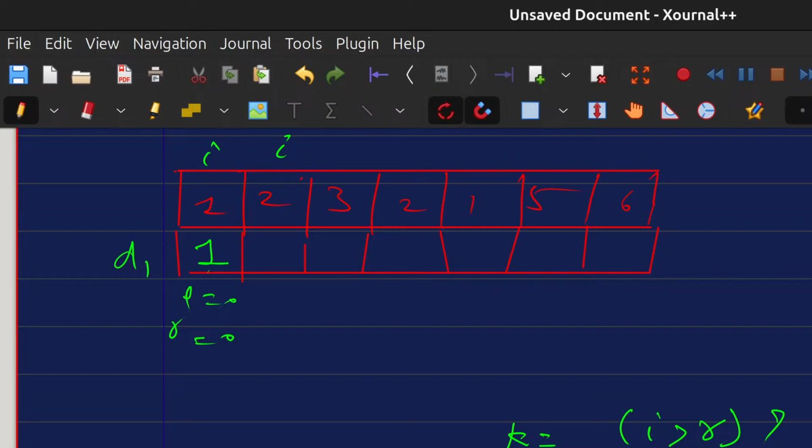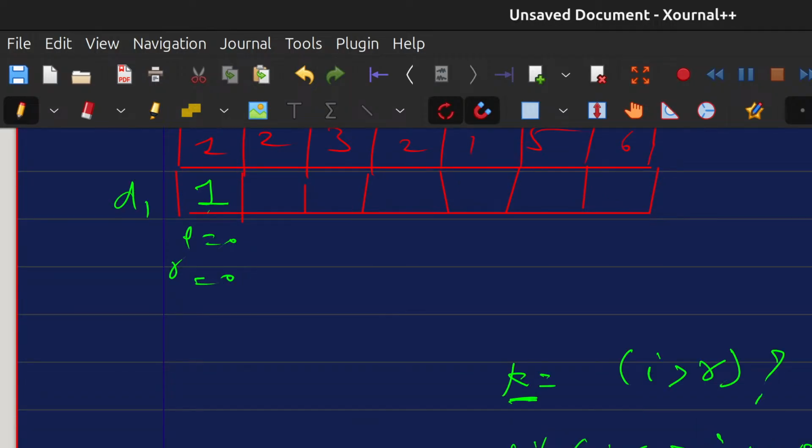And there is a loop also: while I is greater than or equal to I minus K, and I plus K is less than N, then if nums of I minus K is equal to nums of I plus K, till then K plus plus. Okay, so I am checking.